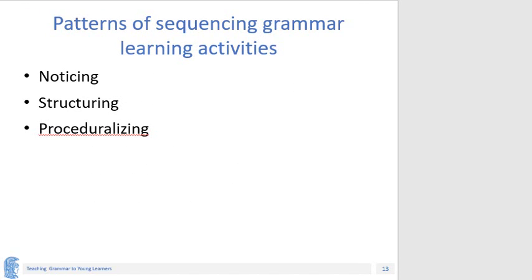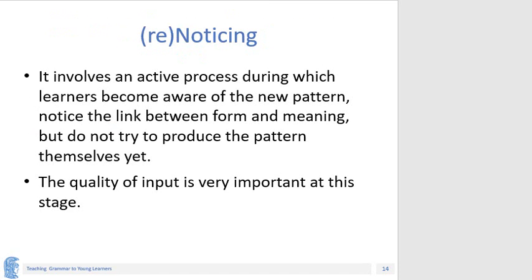So when we think about the activities, there is a sequence for grammar and patterns. So start with noticing, structuring, proceduralizing. We already discussed some of these points previously. So noticing or re-noticing. It is an active process in which learners become aware of a new pattern.